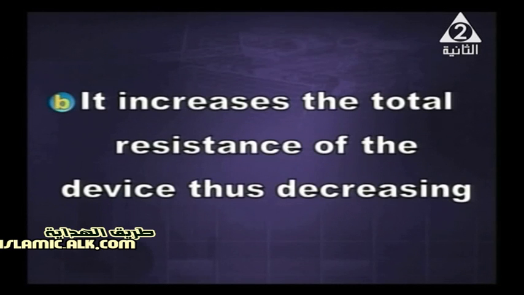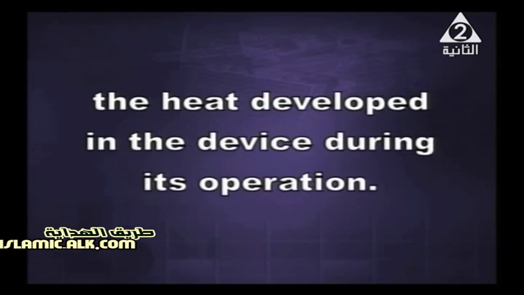It increases the total resistance of the device, and because a voltmeter is connected in parallel, when its resistance is increased, the amount of heat developed in it will be decreased. So it increases the total resistance, thus decreasing the heat developed in the device during its operation.